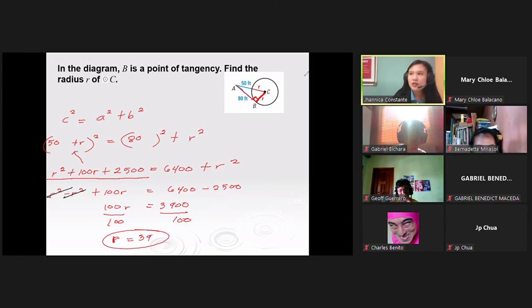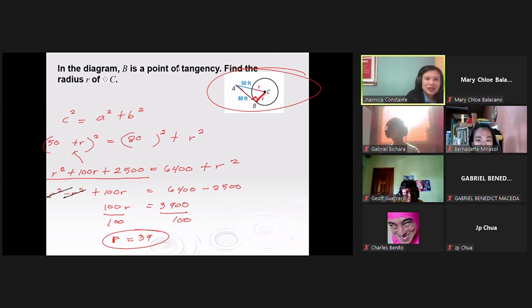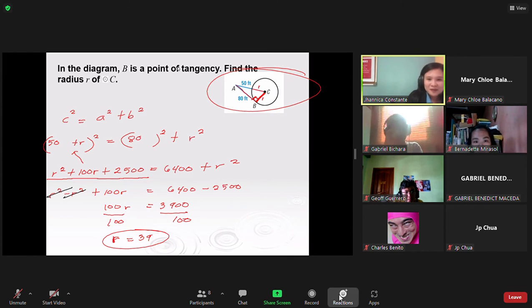That is the radius of the circle, which is perpendicular to tangent AB. For this example of tangent and secant, the first theorem that we have, the perpendicular line, what you just need to use is the Pythagorean theorem.